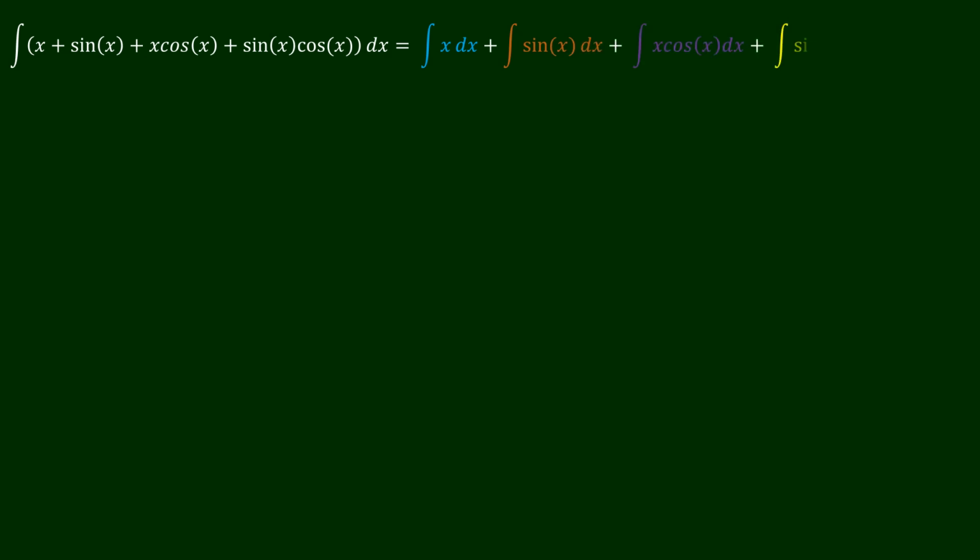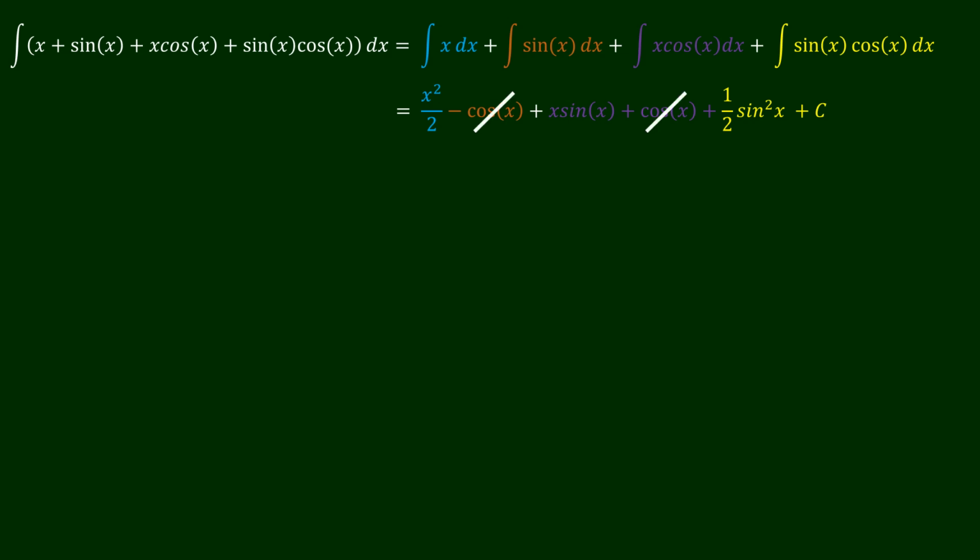So summing up every little component or term that we use in the integration, x, sine x, x cosine x, and sine x cosine x, we get x squared over 2 minus cosine x plus x sine x plus cosine x plus a half sine squared x plus all the constants summed up together into a bigger constant.